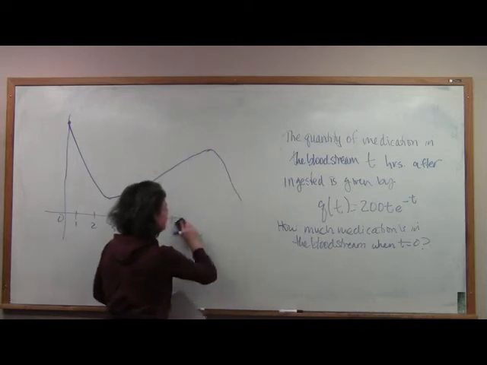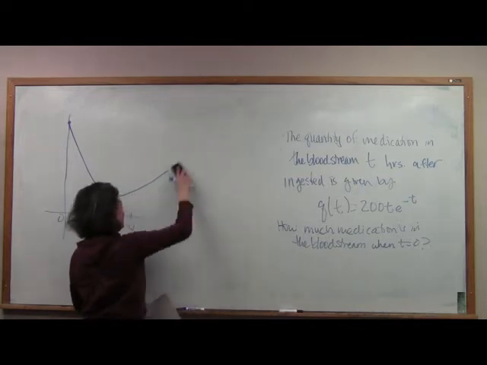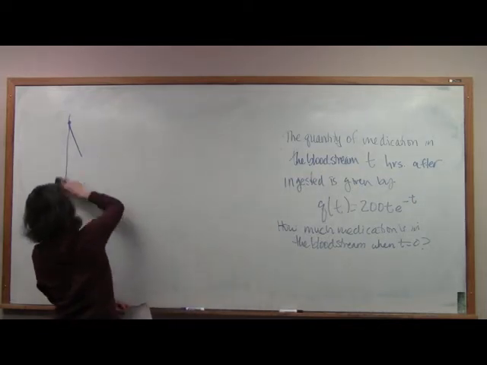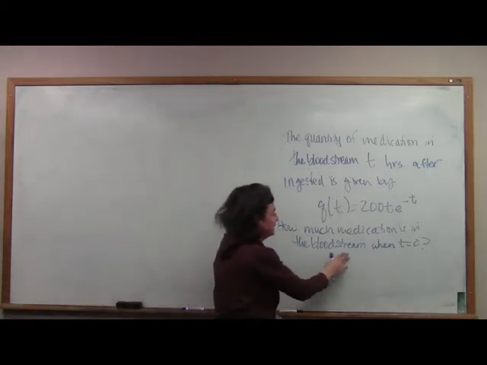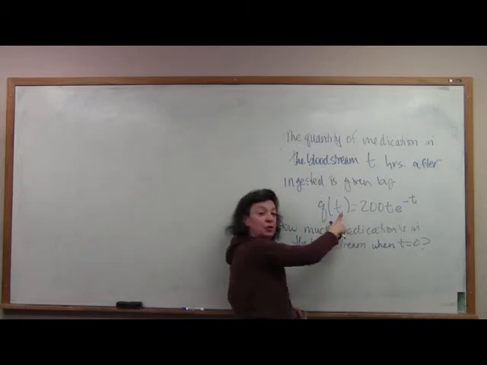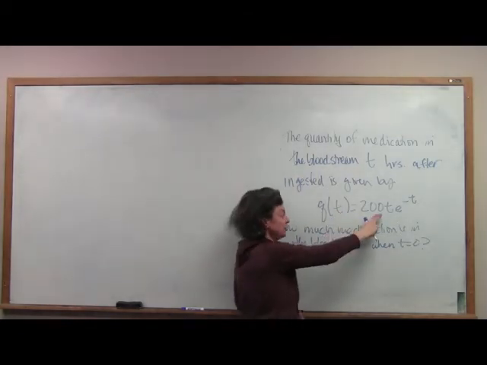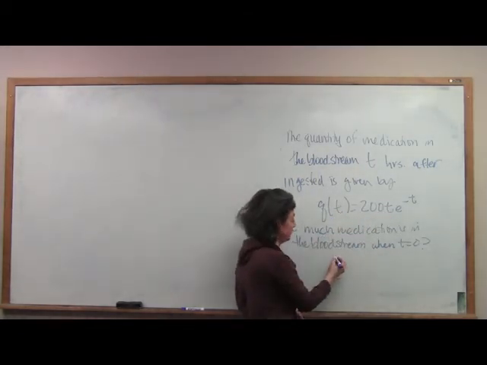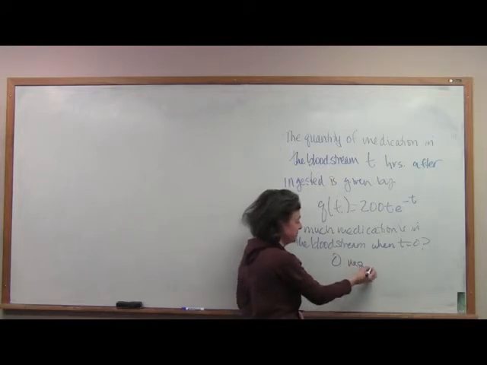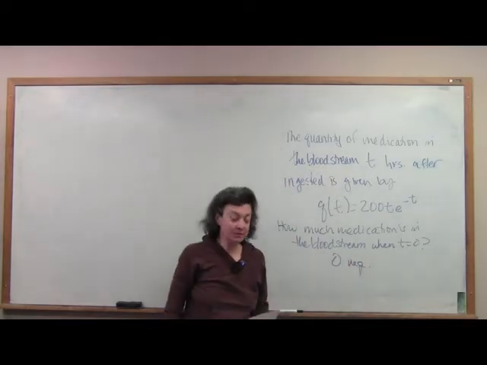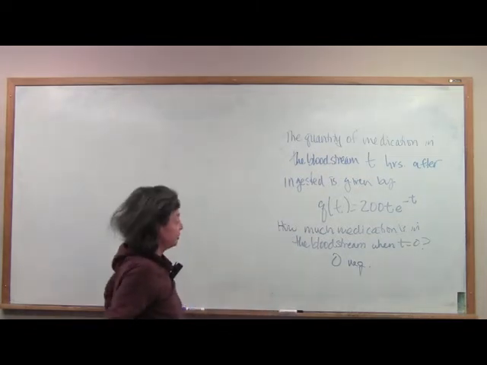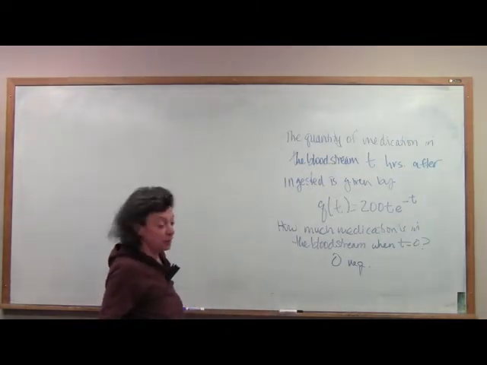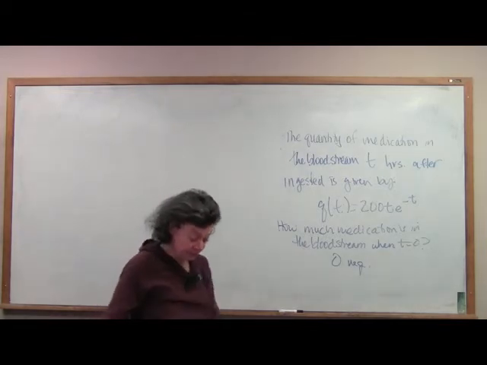And this is an obvious question to answer, but let's compute this. Well, when T equals 0, don't we just plug 0 into our function? Notice we have a 0 here. Let's just pretend this is in milligrams. There's nothing in there. So initially, there's no medication in the bloodstream, which is something that we can intuitively guess.